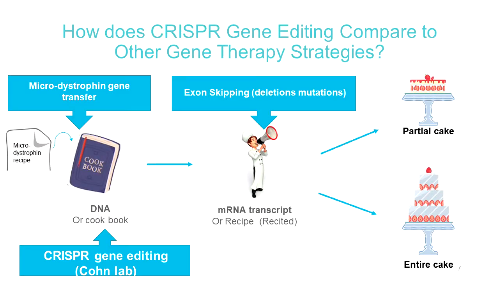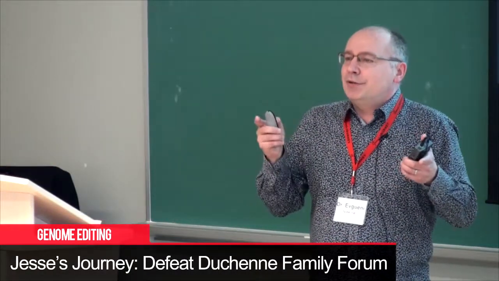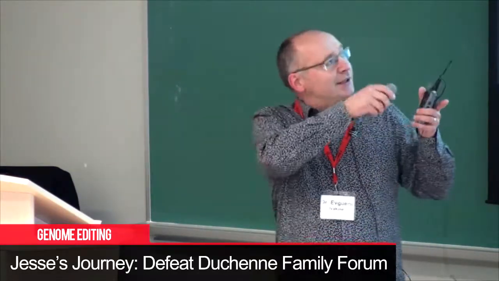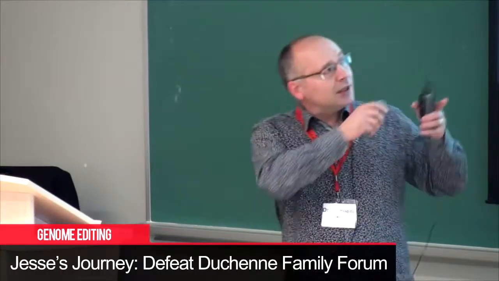And when people talk about exon skipping therapies, like antisense oligonucleotides, they basically interfere at the stage of the recipe. One way to think about it is that sometimes less is better. Sometimes too many eggs are going to ruin the cake. And if one egg is dropped, we can actually build a partial cake.